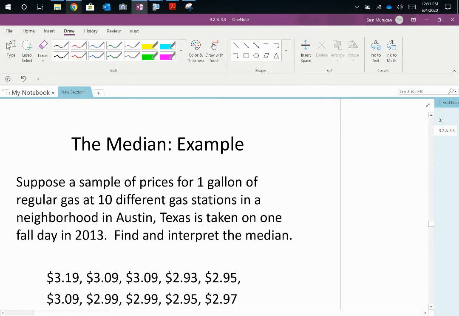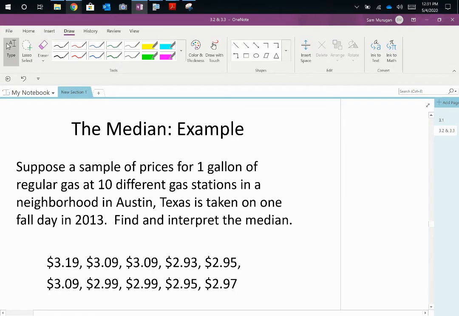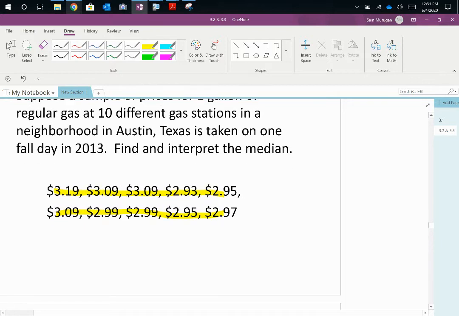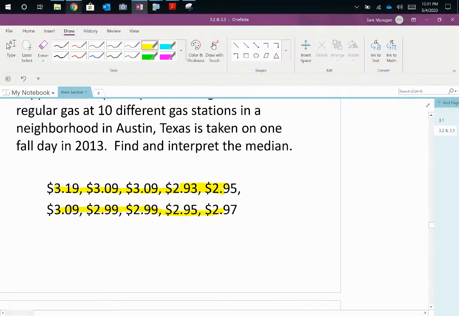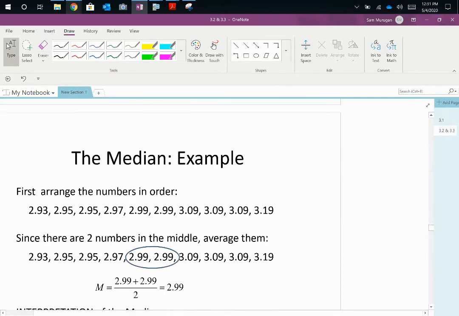Here's an example. Remember this example from chapter 3.1 with the gas prices at different pumps? Well, if we were to arrange this data from least to greatest, we would see that the middle numbers are 2.99 and 2.99.